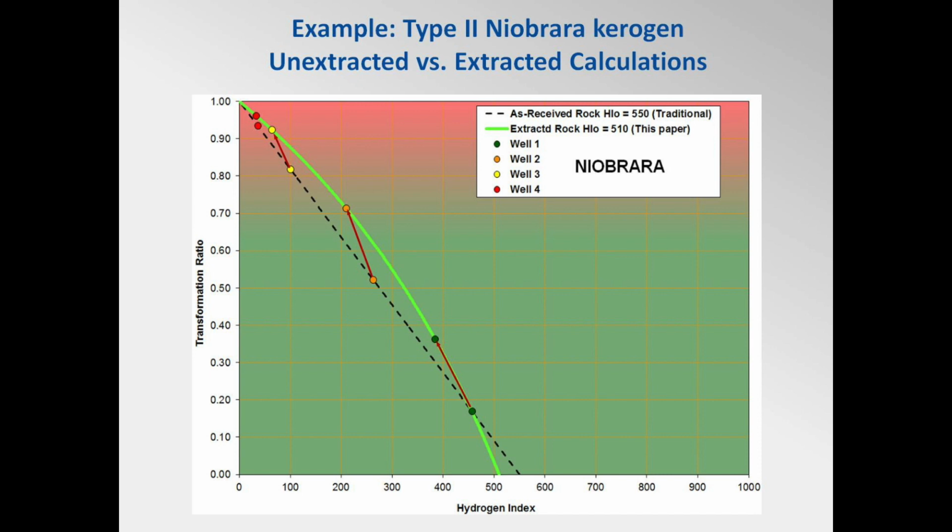Here, for the Niobrara Formation kerogens at 4 different locations with 4 different maturity levels, the lower transformation ratio in each pair came from the unextracted sample, while the higher one came from the extracted sample.